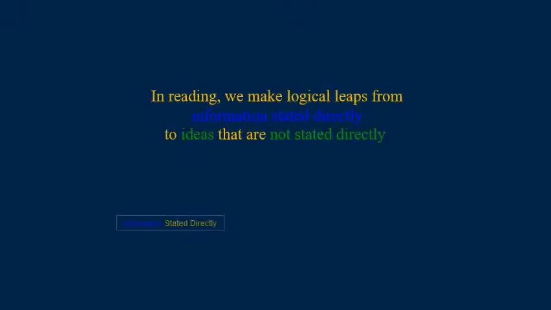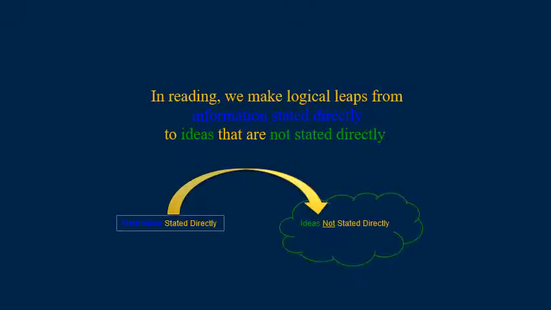Well guys, I'll repeat the main points about making inferences. It is about how we, as readers, make logical leaps from information stated directly to ideas that are not stated directly.